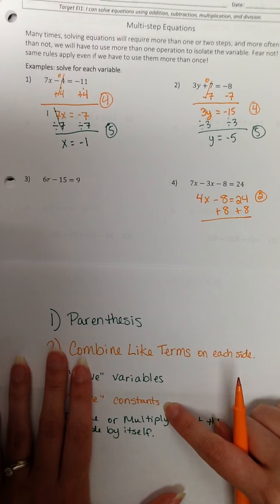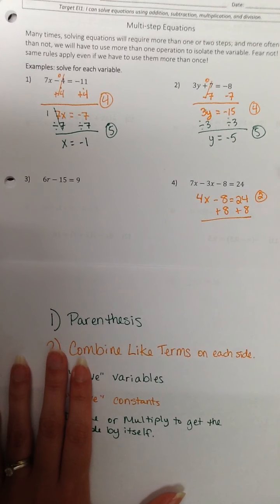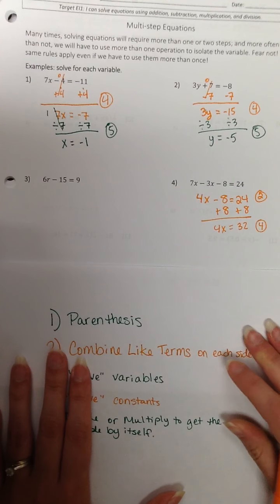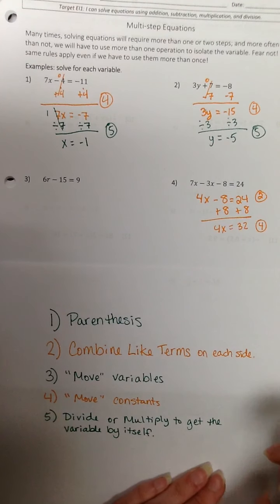So I'm just doing step 4 here. So I have 32. And that is completing step 4.